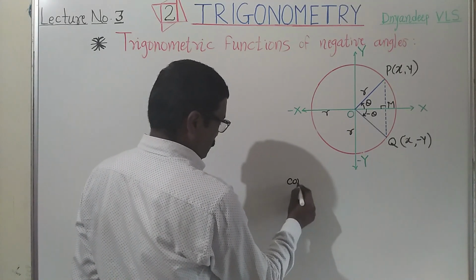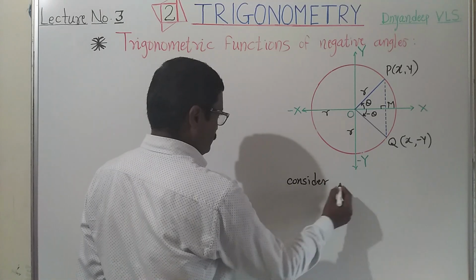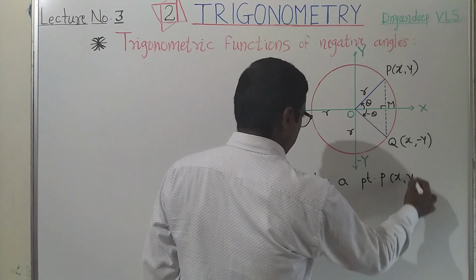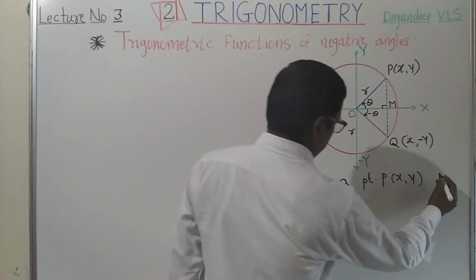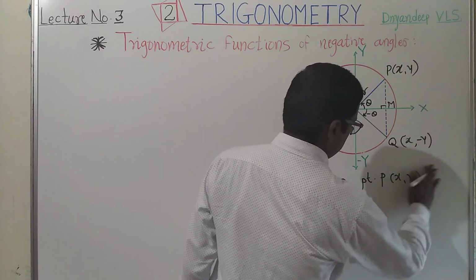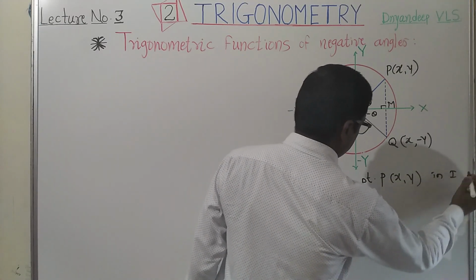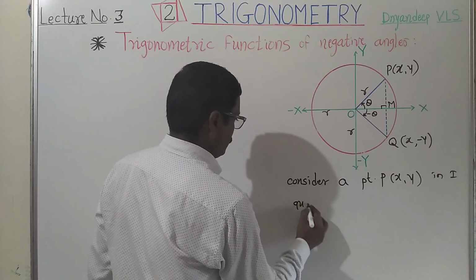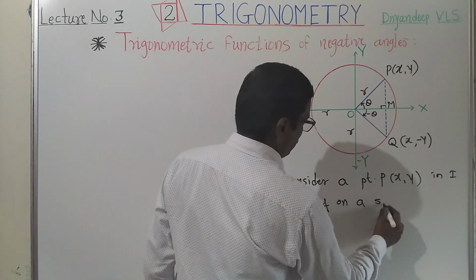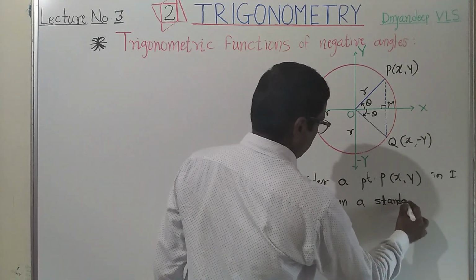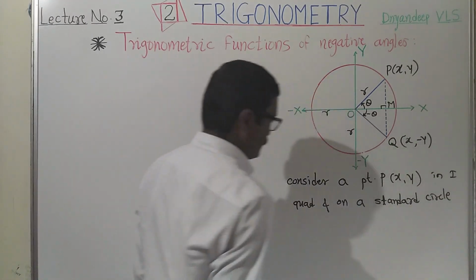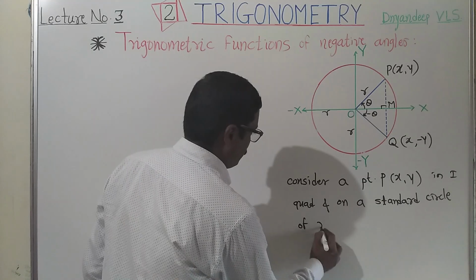Consider a point P having coordinates x, y in the first quadrant and on a standard circle of radius r.